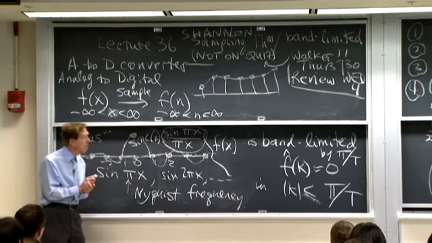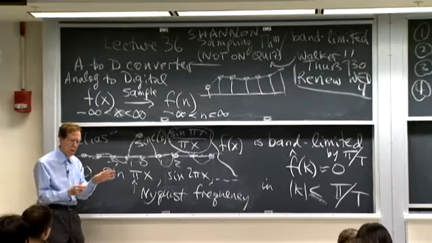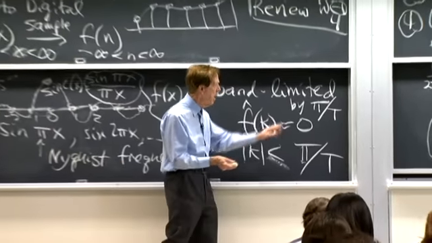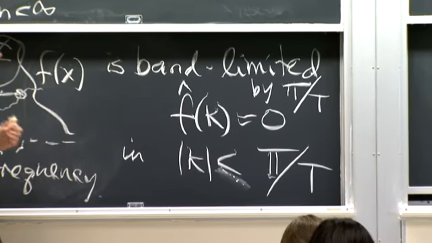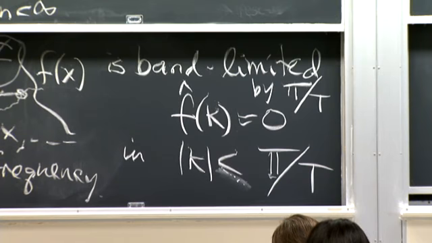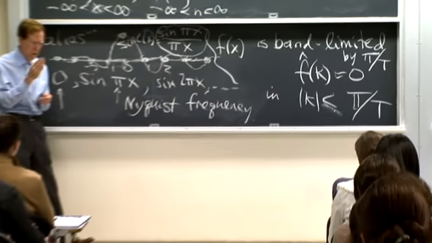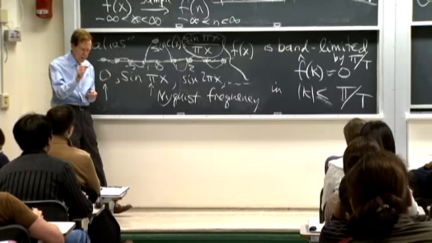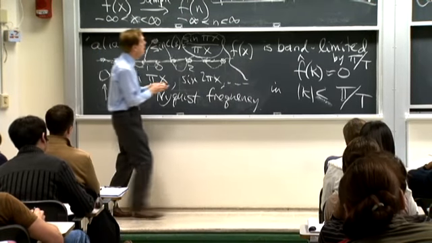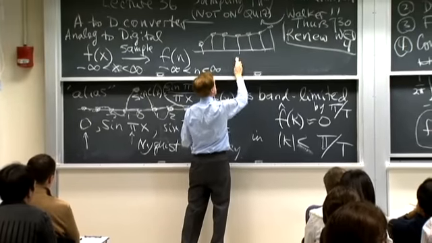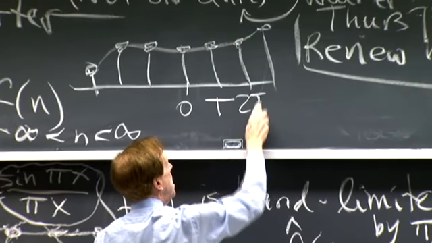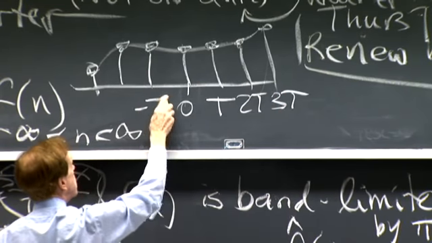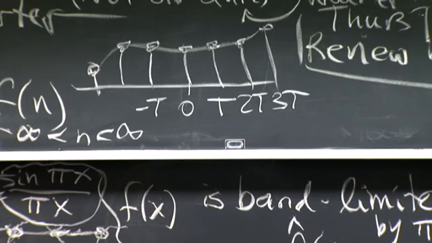Now, what sampling rate would correspond to this band? Let me just say what it is. That would be the Nyquist frequency for sampling every T. Instead of a sampling interval of 1, if I sample every T, 2T, 3T, minus T, my sampling rate is 1 over T. So if T is small, I'm sampling much more.